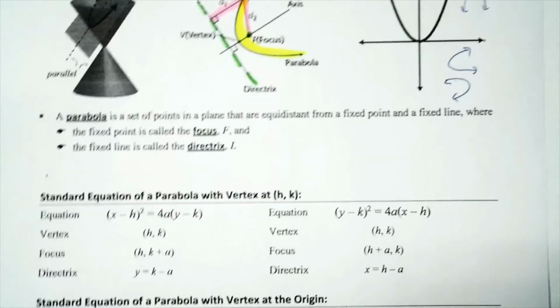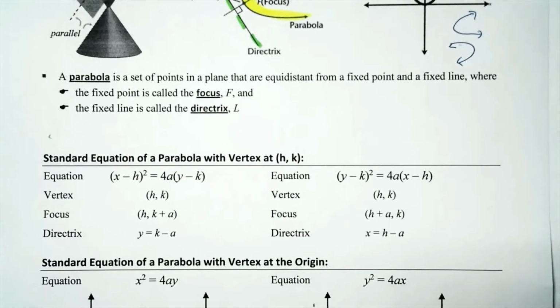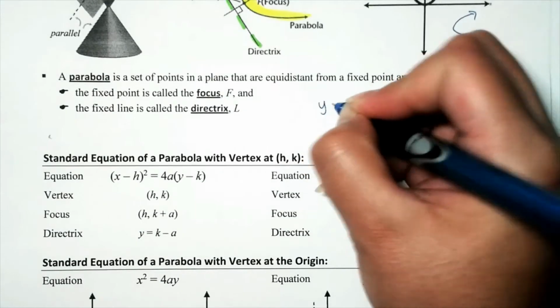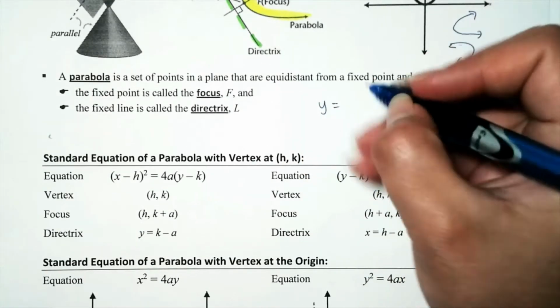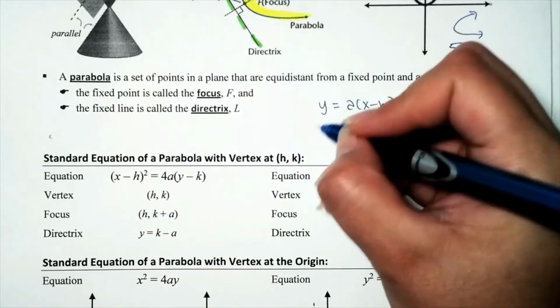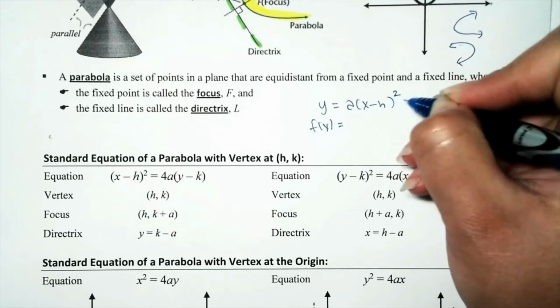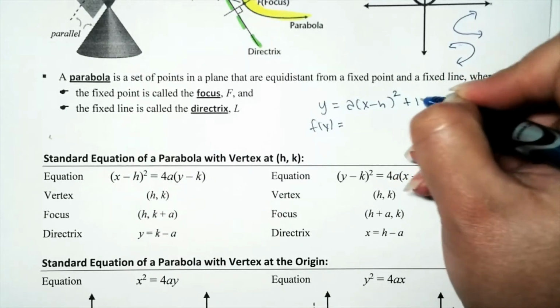So let's look at the standard equation to write a parabola. The standard equation of a parabola with vertex at (h, k) is, so in an earlier unit, way earlier in the course, we talked about vertex form. A quadratic equation is said to be in vertex form if it looks like this: y equals, or using function notation, f of x equals a times the square of x minus h, plus k.